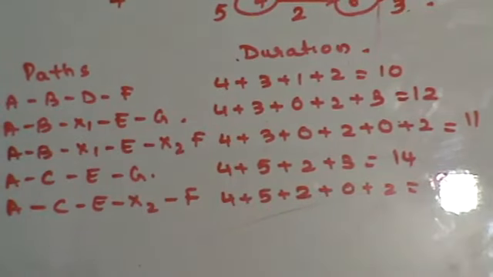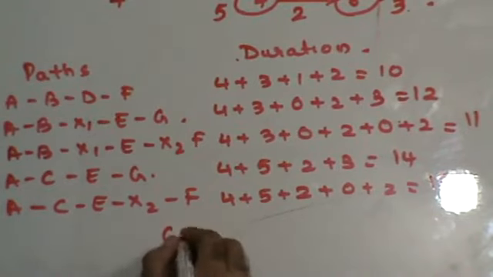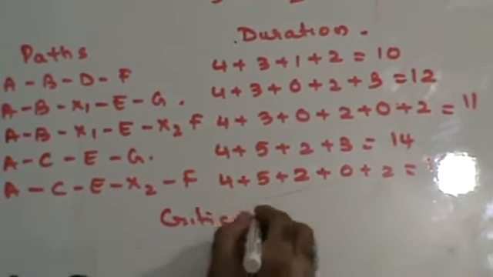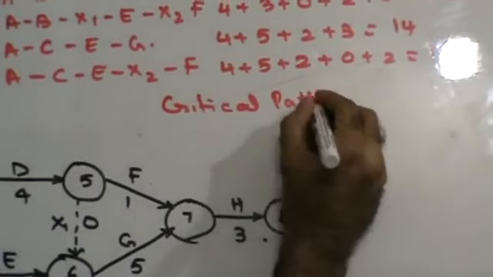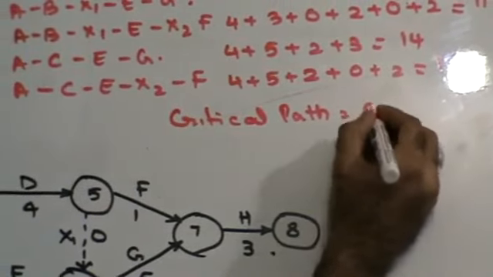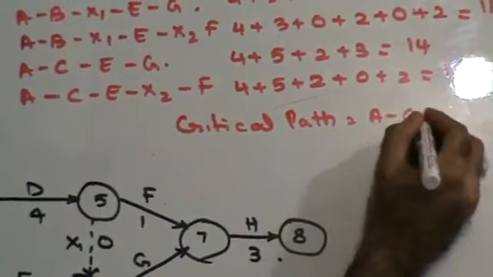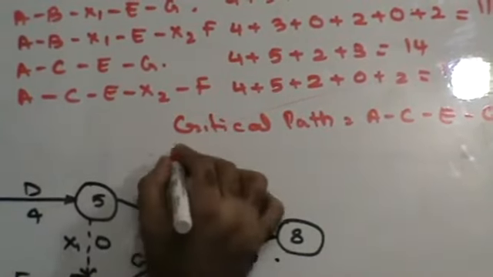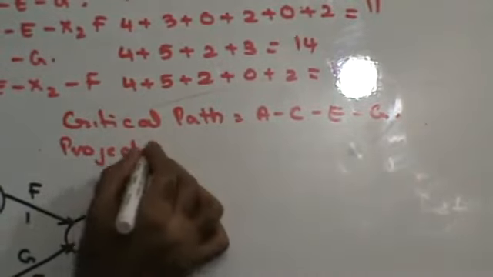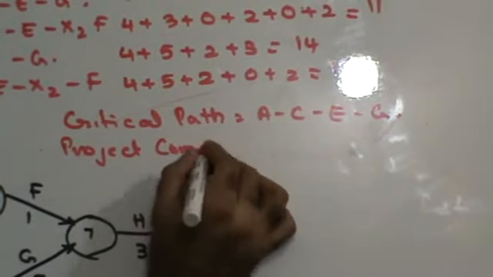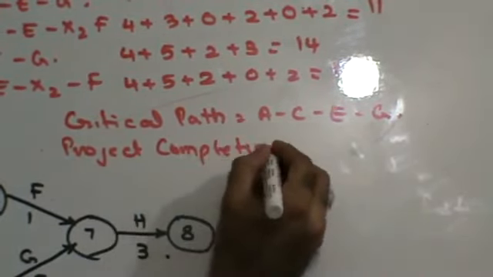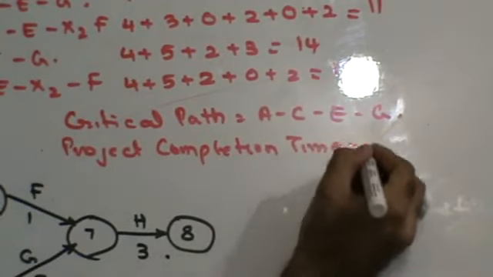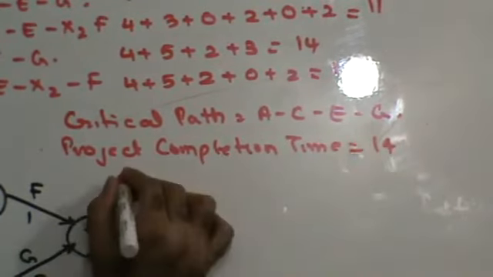So my critical path is the path that takes maximum duration. So critical path is going to be A, C, E, G. Project completion time is 14 days.